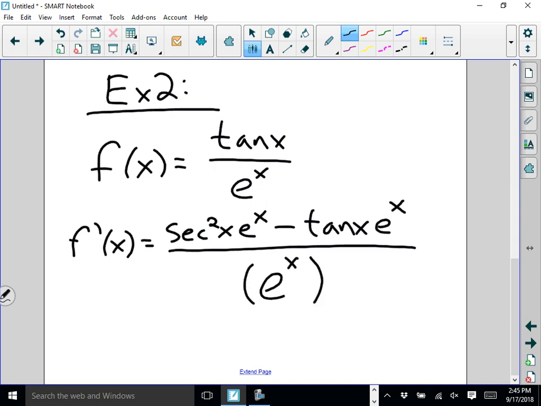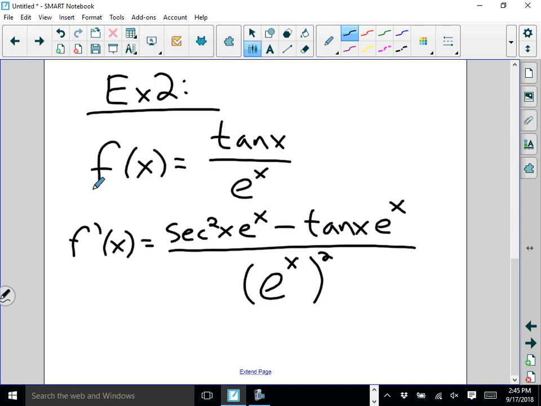Now, when we take a look here, this is totally correct, right? Low d high minus high d low over low low, or we can think of it as f prime g minus f g prime over g squared. But we can simplify this a little bit. Notice that we have an e to the x showing up in all three terms. So what we can do is factor out, or we can just cross off an e to the x in all three terms.